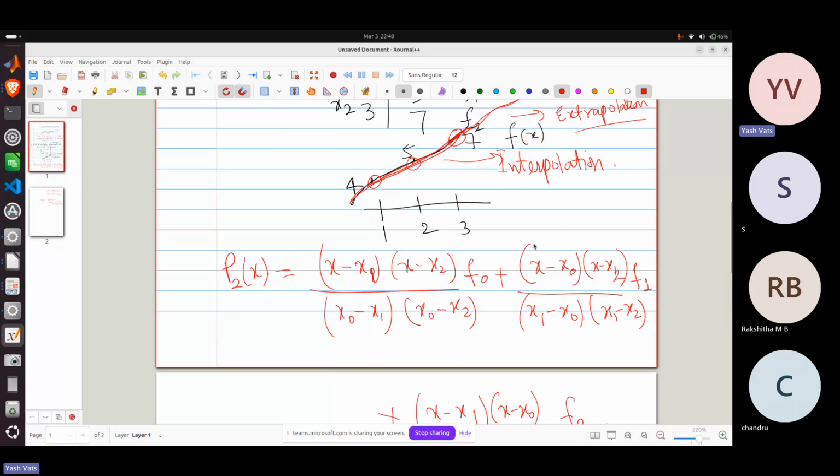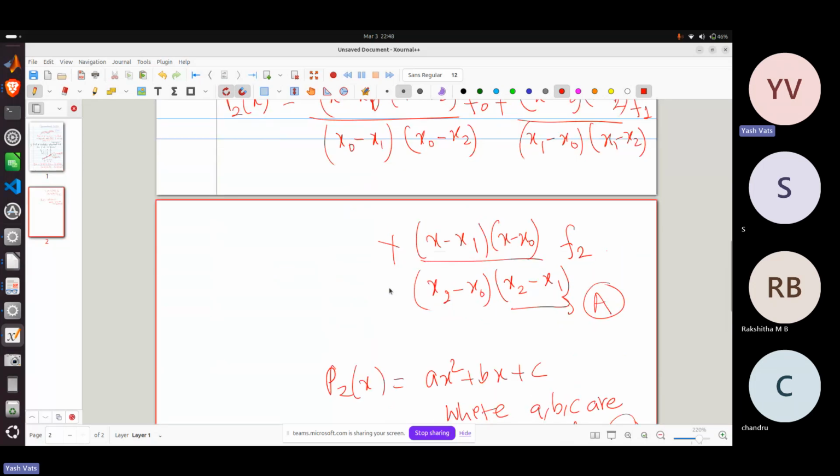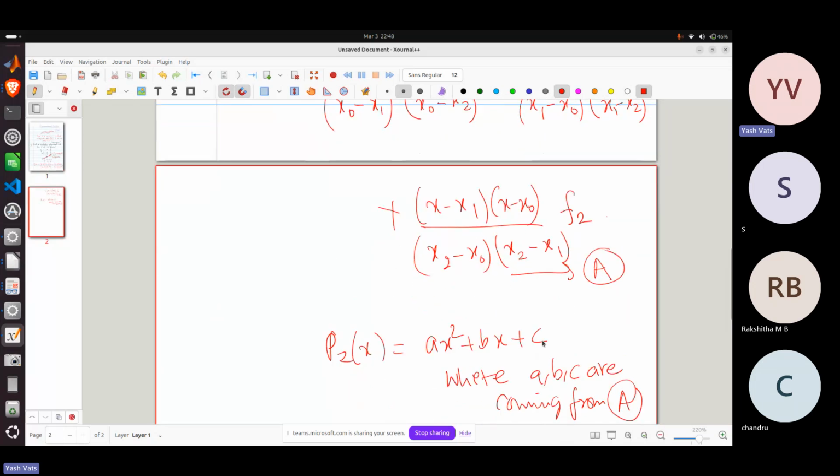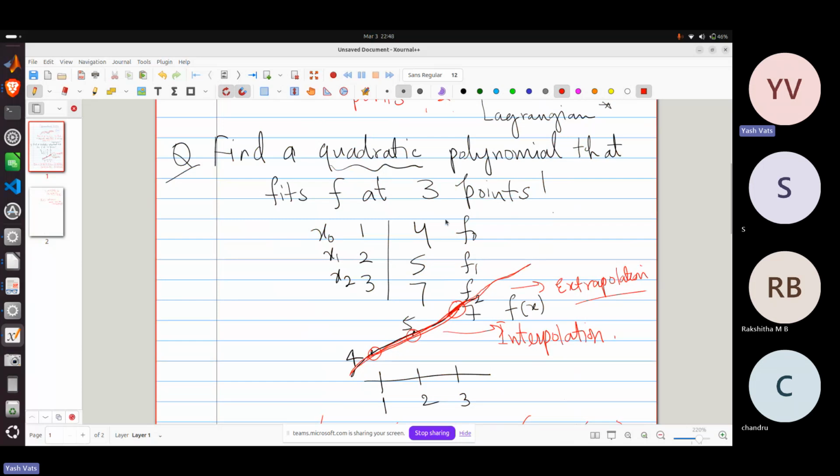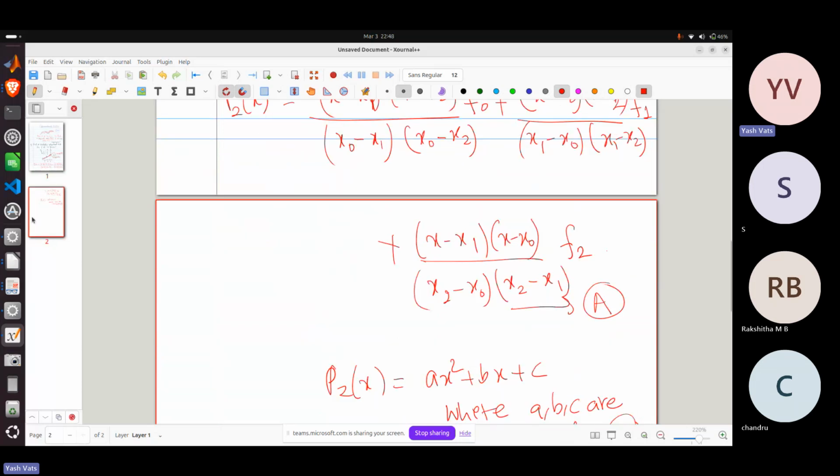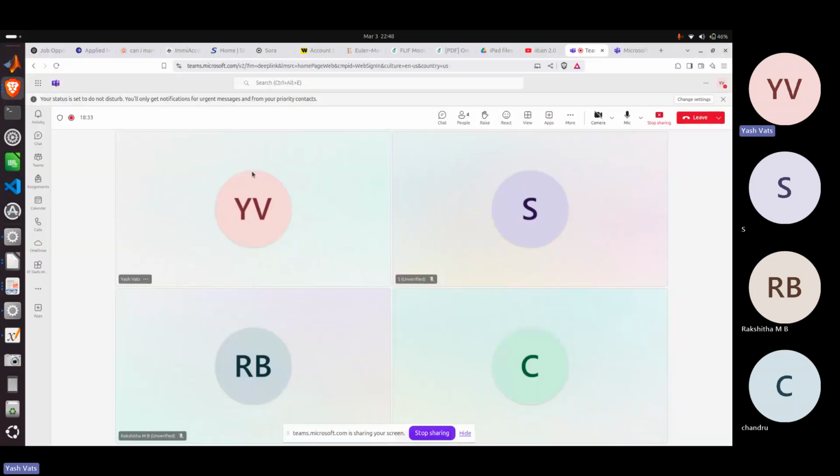So p2(x) is your polynomial, a quadratic polynomial that you get from your function f. Is that clear, everyone? Any doubts?